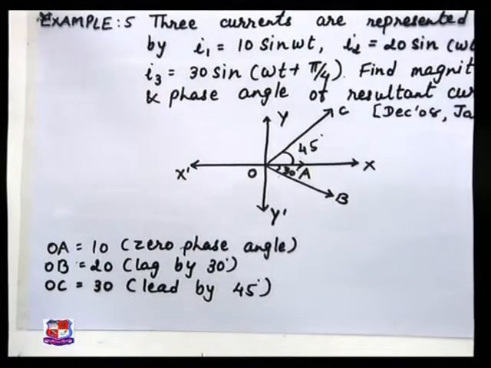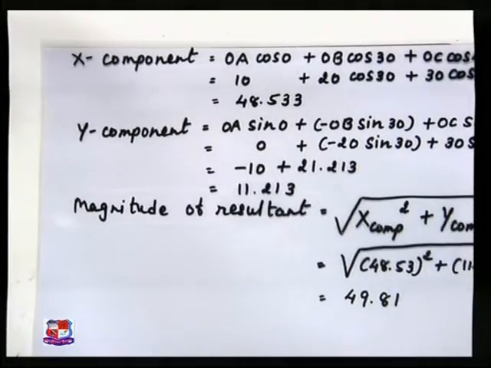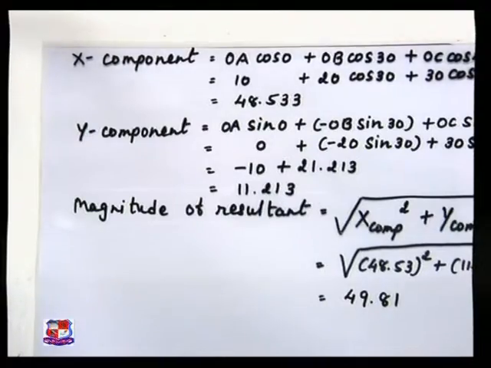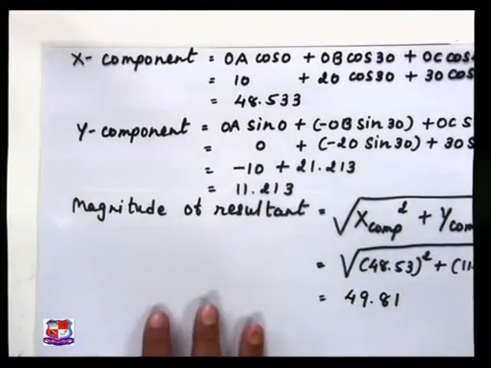Now we are finding the resultant of the given quantities. For that, you have to find the x component and y component, or horizontal component and vertical component, of the given quantities. First of all, we find the x component, which is the cosine component of the given quantities.